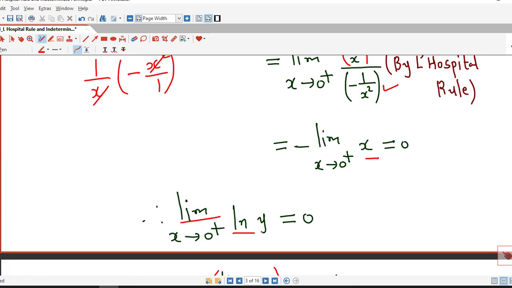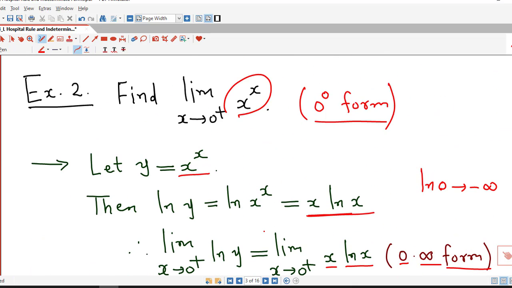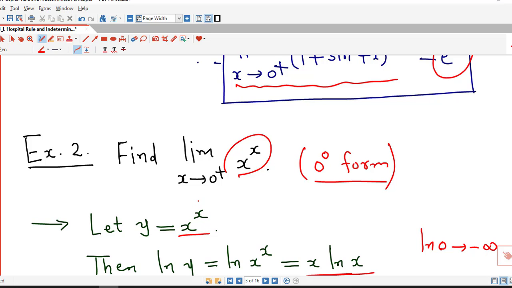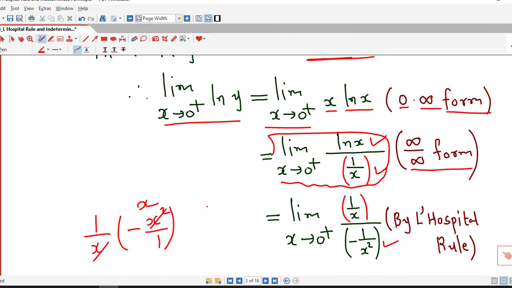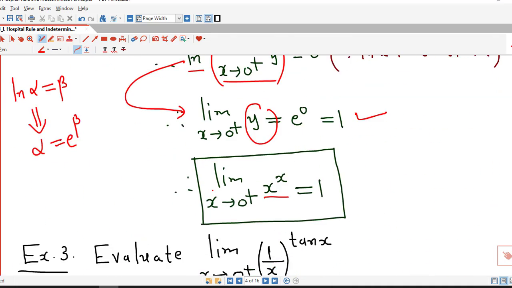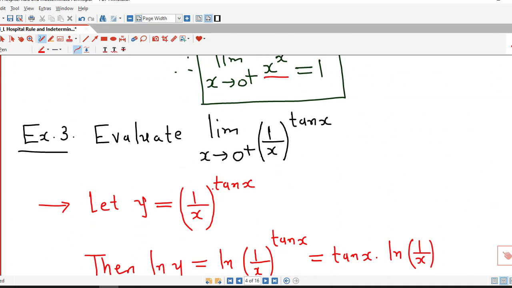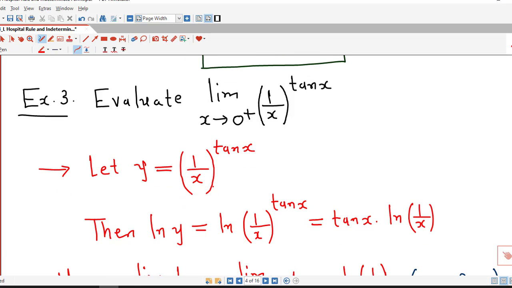So in this way we can easily evaluate this type of indeterminate powers also with the help of the logarithmic function and L'Hospital rule. We consider one more example.